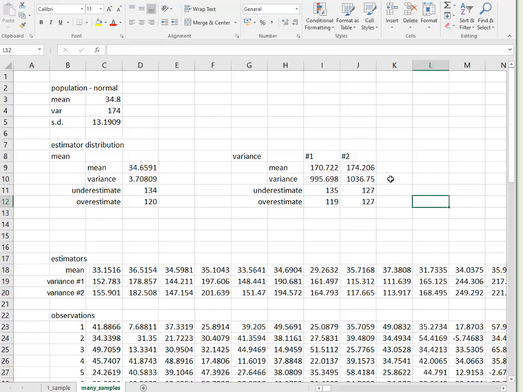You can show mathematically that this number 2 turns out to be a closer one. You're more likely to get a balance of under and overestimates. And this one you can mathematically show is biased, in the sense that you're more likely to get an overestimate than an underestimate when you divide by 50, or n, compared to when you divide by n minus 1, or 49 in this case.